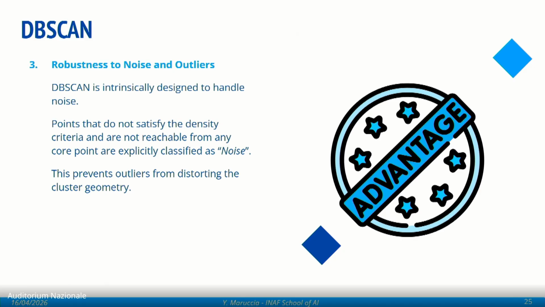In fact, as I anticipated, it is one of the algorithms that is very widely adopted for anomaly detection, also in our field of application, because not all the points are inserted into the clusters, and so this is the difference with k-means.